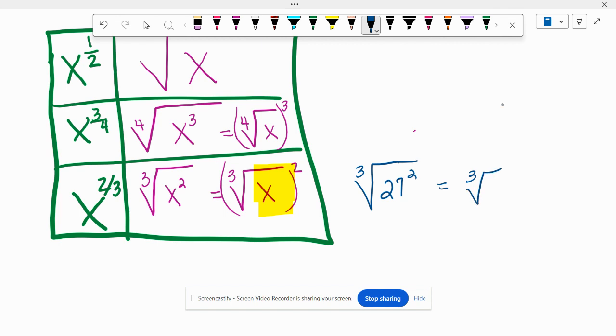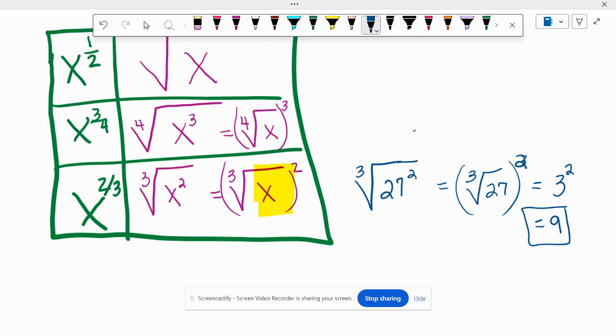I know that the cube root of 27 is 3, and 3 squared is 9. So that's an example of where I would take the cube root first and then square my answer, because I know what the cube root of 27 is. Otherwise, you're going to have to work with really big numbers. And you don't all have graphing calculators at home. And sometimes you don't have access to the internet, and it makes it hard to figure out the exact root.